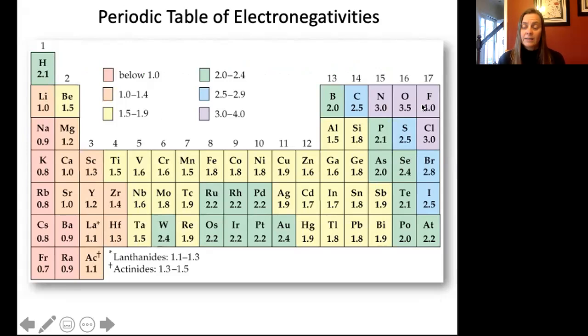Fluorine was assigned an electronegativity value of 4, and everything else is assigned relative to fluorine. And so we can see that fluorine is the most electronegative element on the periodic table. It's farthest to the right and farthest up. So you can see as we move across the table that electronegativity increases, and as we go down, electronegativity decreases.